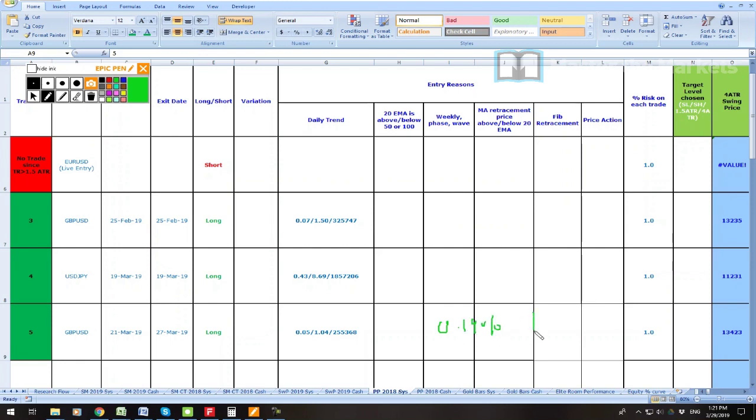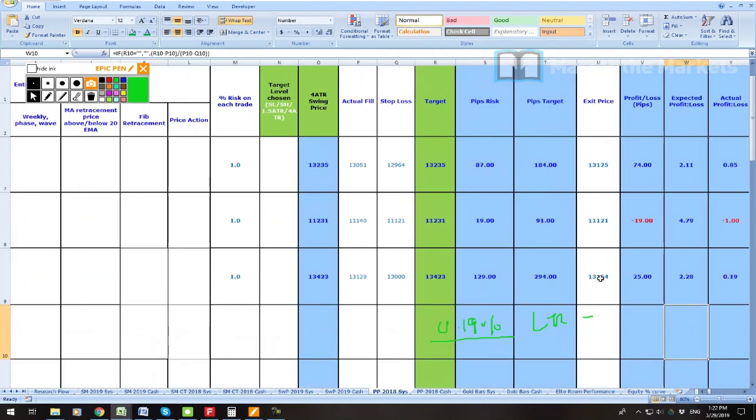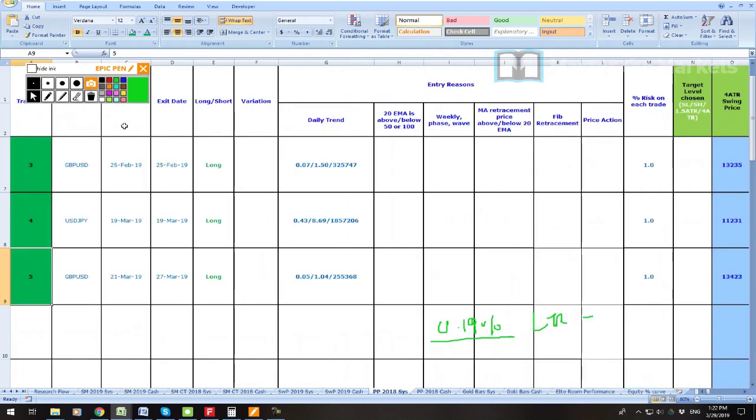In terms of the LTR, flat out, no trades at all that we took this week. In terms of pips, what do we have? So in terms of pips, we got 25 pips. Okay, 25 pips of profit is what we got. Okay. So if that was £10 a pip, that would have been £250 of profit.